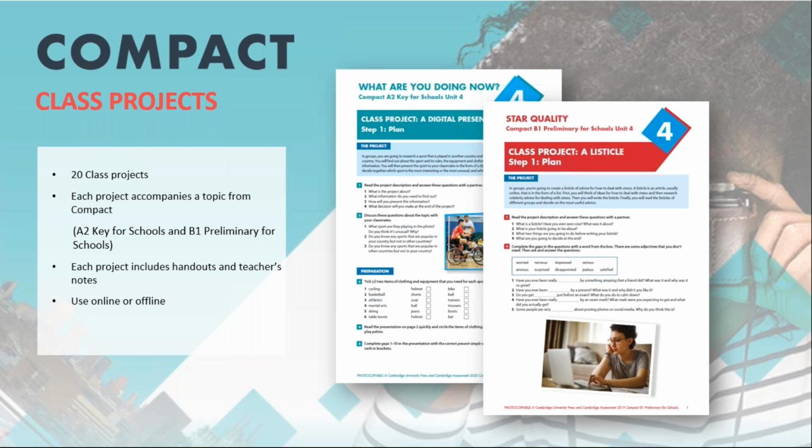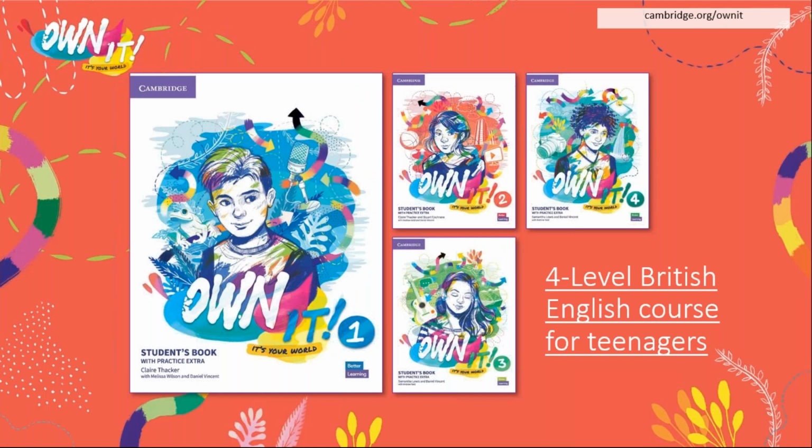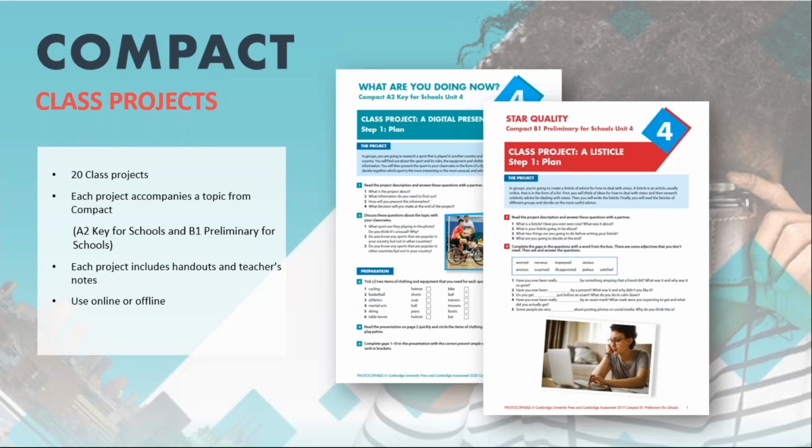There are now 20 class projects to accompany A2 Key for Schools and B1 Preliminary for Schools. Each project accompanies a topic from the book. There are handouts and teachers' notes to accompany each project, and they can be used both for teaching now, online, or when students are back in class.